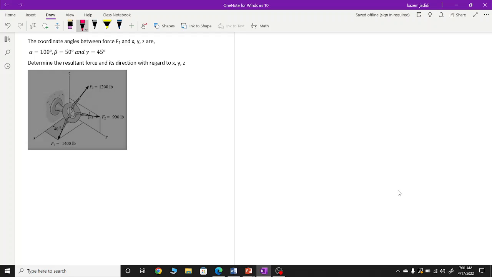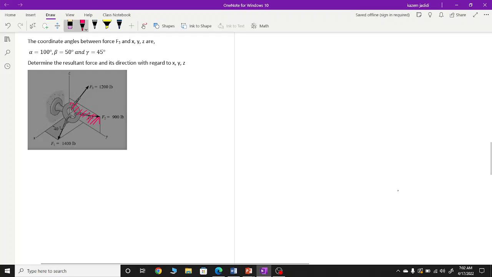In this particular example, F1, which is this one, you can see that it's acting in an XY plane. Therefore, it doesn't have any Z component. And also, F2 is acting on the YZ plane.